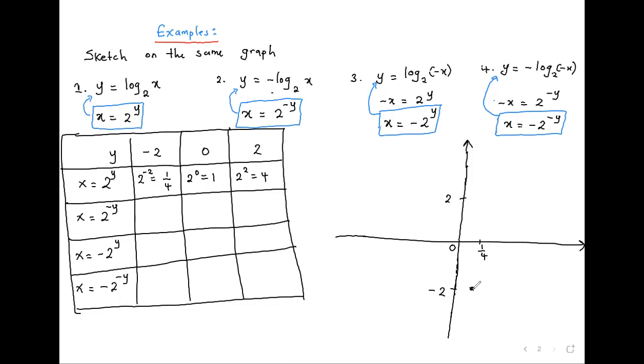So far, we have points -2, 1/4, a point here. 0, 1, a point there, and 2, 4, a point there, and then we sketch this guy. So this is a function of this nature.